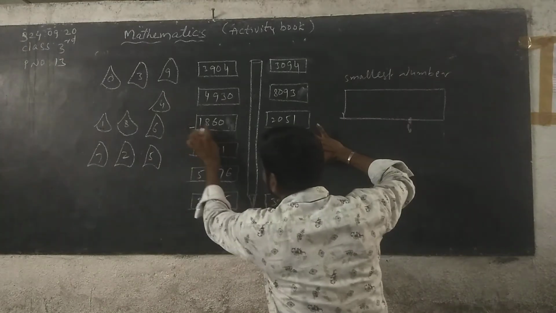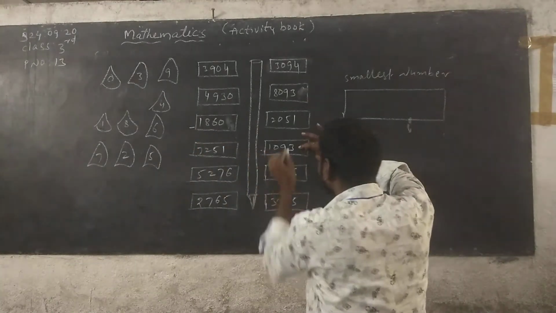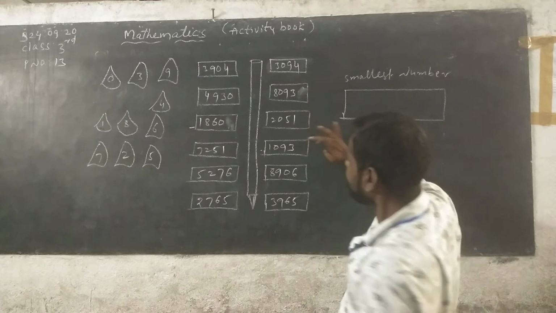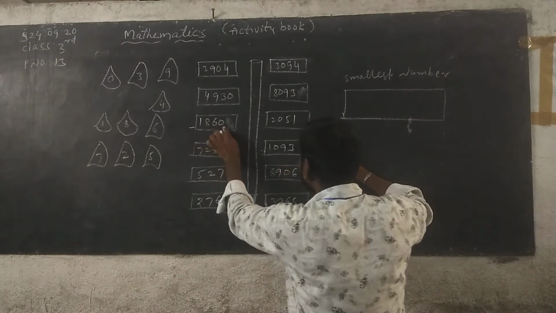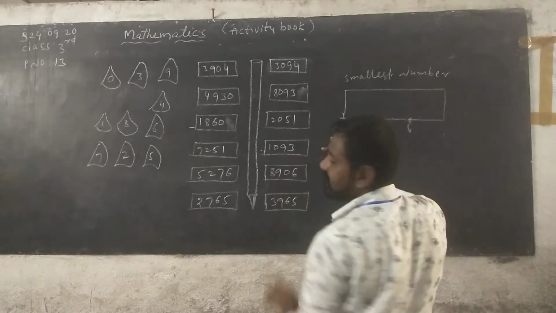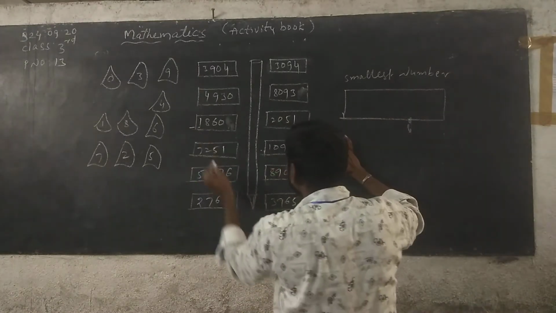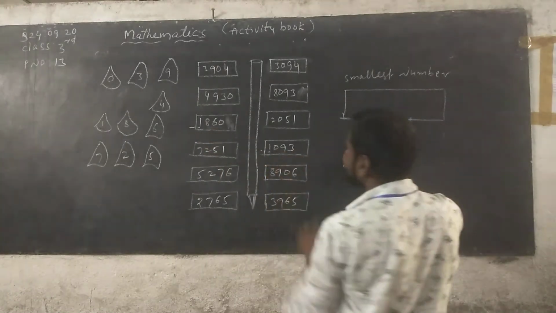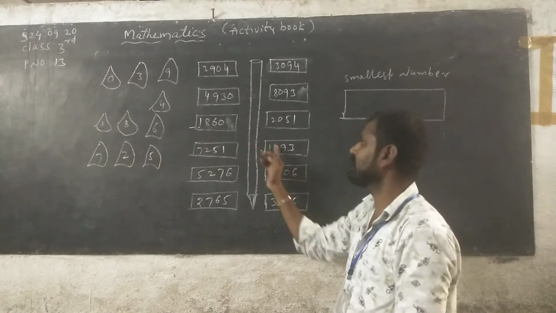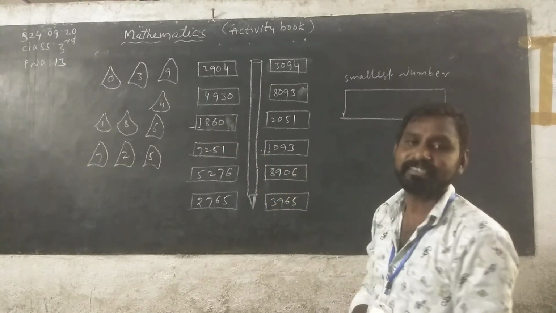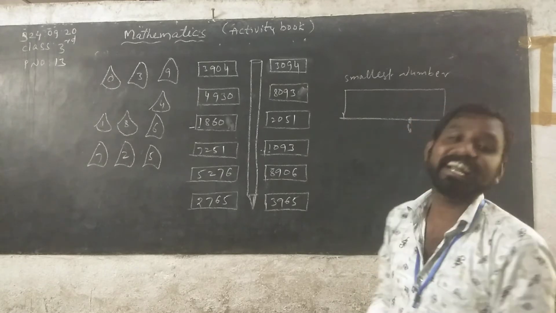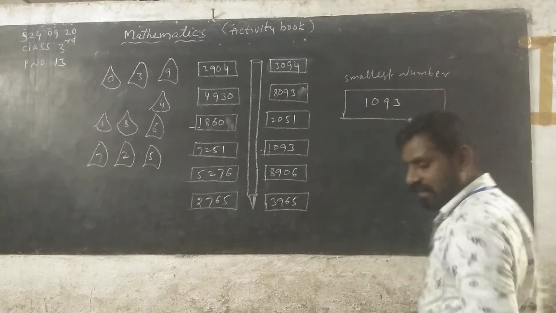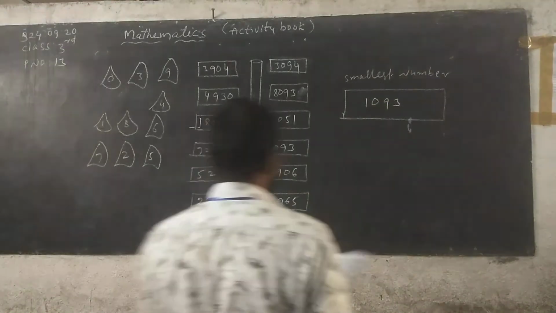See here, 1860 and 1093. Thousands place 1 is there in both. Now 860 and 93, which is the smallest number? Say, 1093. Now next, the biggest number.